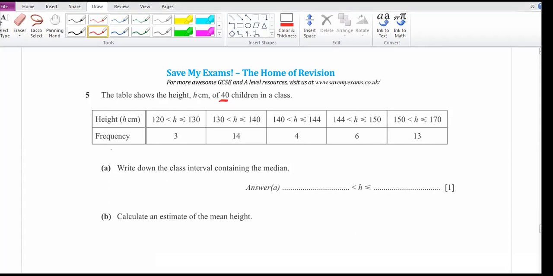Find the cumulative frequency: 3, 14 plus 3 is 17, 17 plus 4 is 21, then 27, 6 plus 21, and then this will be 40. Half of this is 20. So from 17 till 20 will be in this class. It means this is the median class.